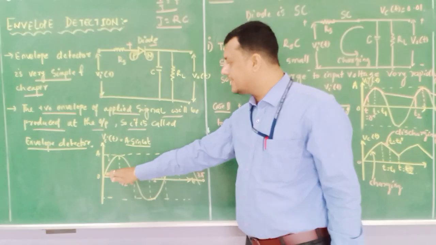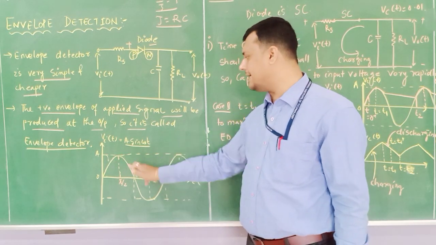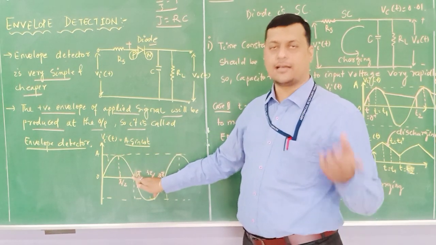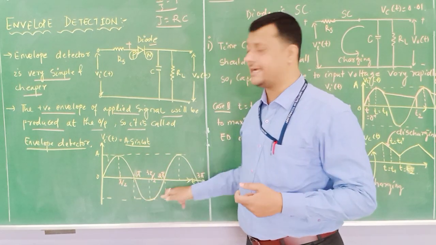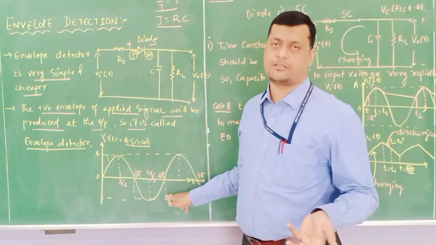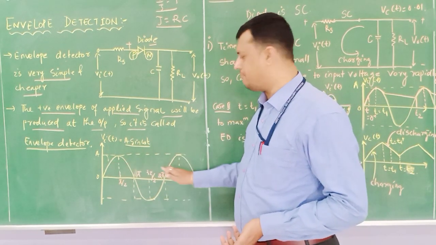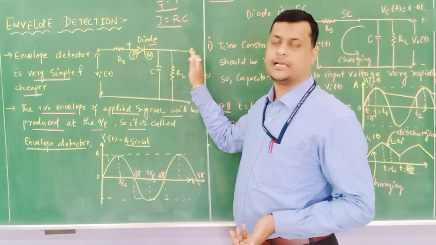So when it is increasing, it becomes forward biased. When it is decreasing, it will conduct up to a point, but after that, when it is moving to the negative peak, it will simply act as an open circuit. It is called the reverse bias condition. So only the positive part we are going to identify at the output of this particular device.